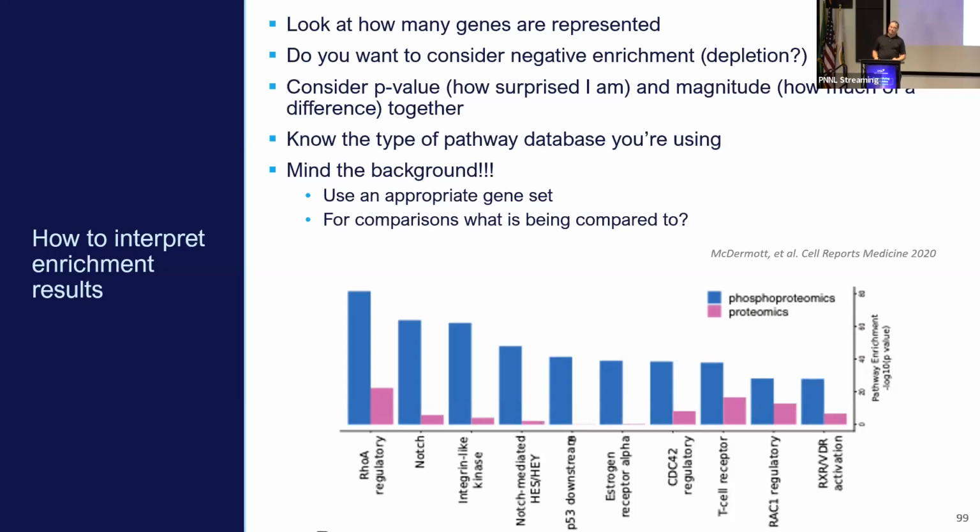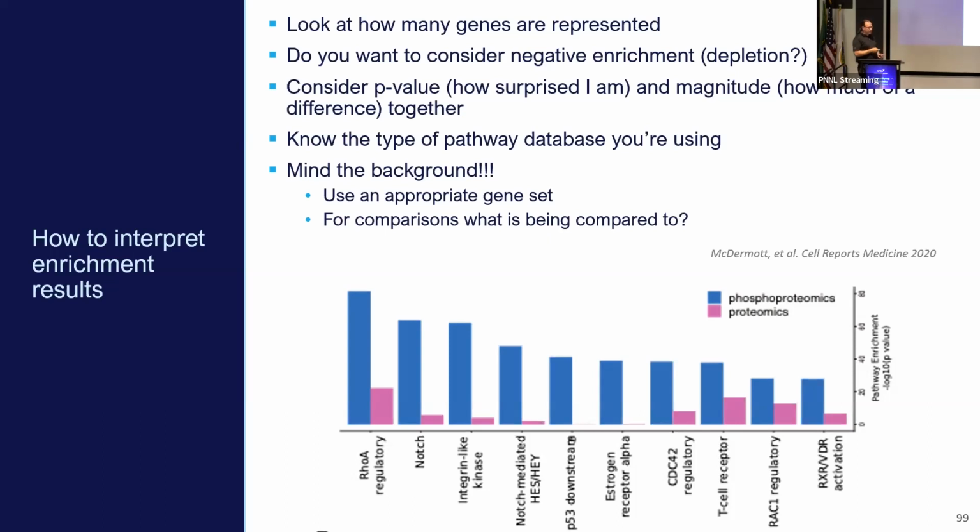You're like, is that really what I'm interested in looking at? The pathway has 20 genes. I only see 4 of them in here. For whatever reason, it gives me a very good p-value, but maybe that's something I want to take a little bit closer look at. So it's always a good idea to take a look at the number of genes and the kinds of genes that are being represented in those pathways when you get the image.